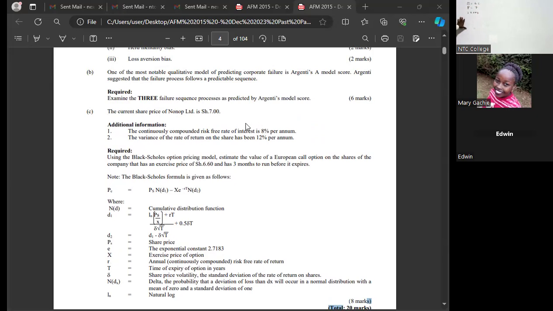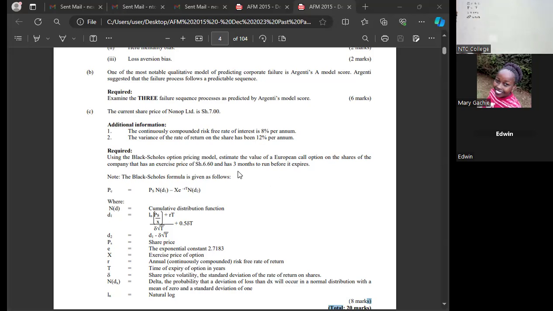And then we have variance. They have not given you standard deviation, they have given you variance. The variance of the rate of return on the shares is 12 percent. So 12% is the same as 0.12.